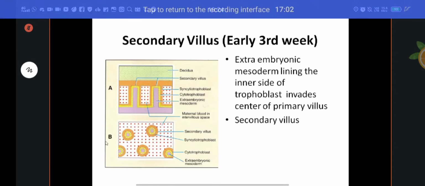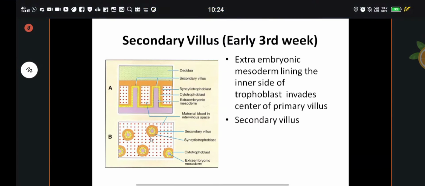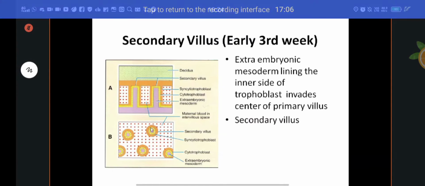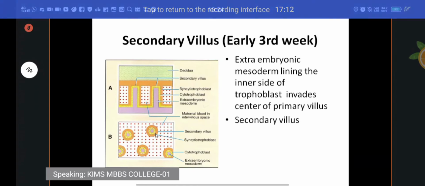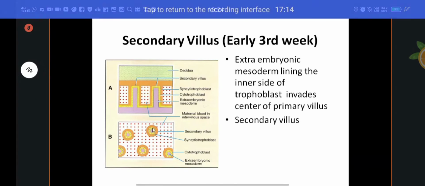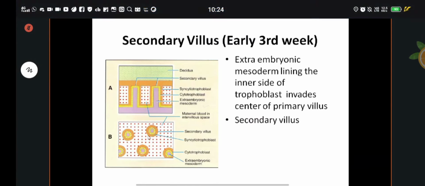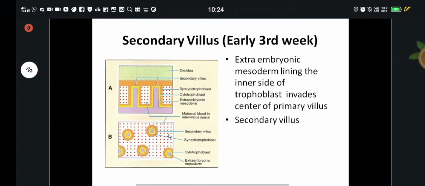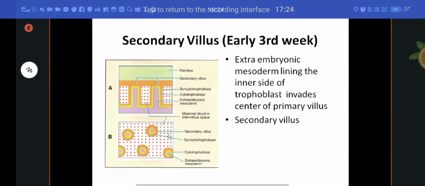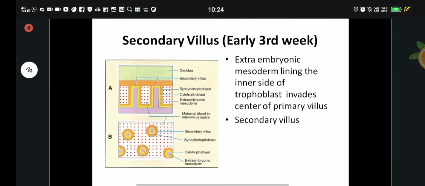So in a cut section, the secondary villus consists of a central extra embryonic mesoderm covered with cytotrophoblast cells, and the outermost layer will be the syncytiotrophoblast cells. This secondary villus stage is seen roughly around the early third week.